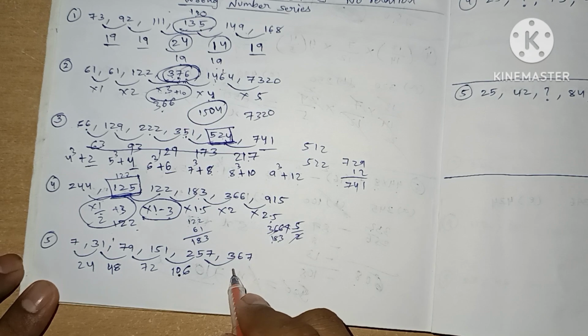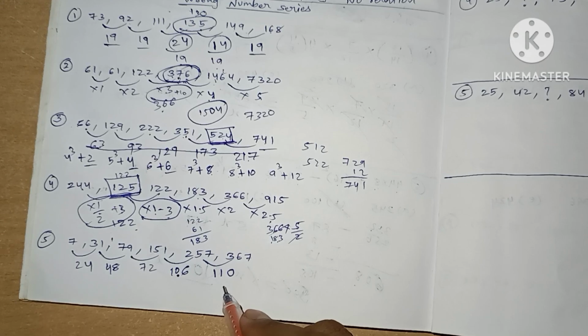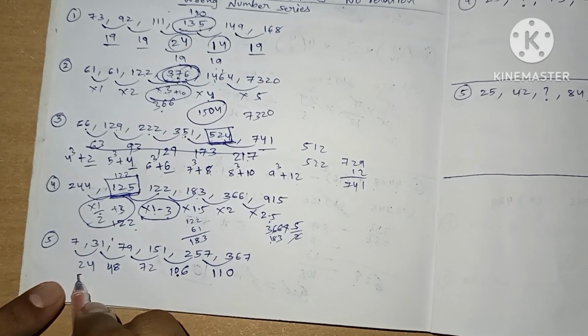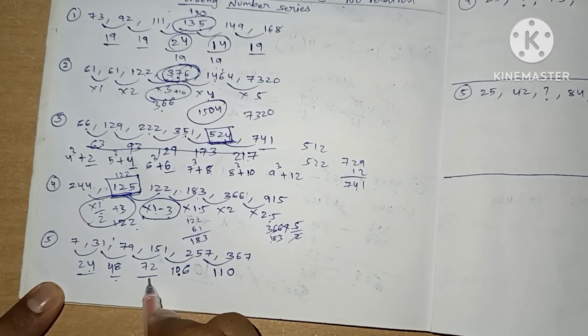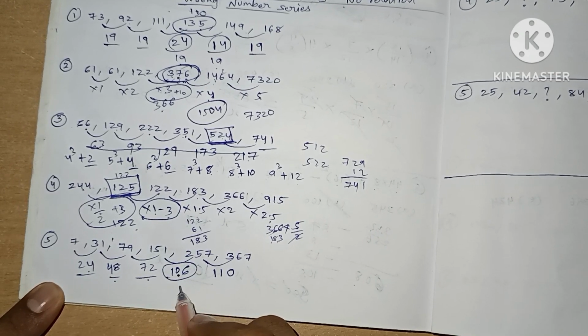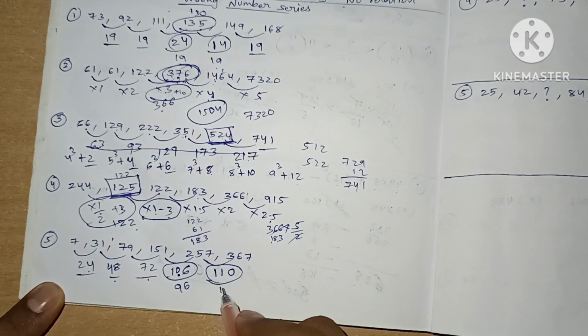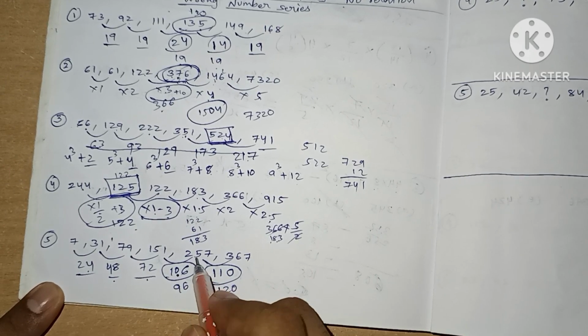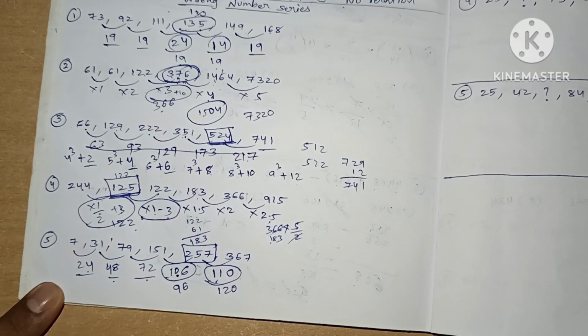Here we see a difference of 110. These three are 24 factors, so 24 times 1, 24 times 2, and 24 times 3. So it must be 24 times 4, which is 96, and 24 times 5, which must be 120. So in between these two, this is our wrong number. 257 is our wrong number.